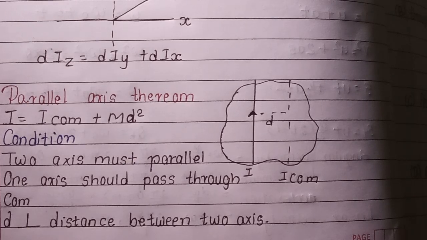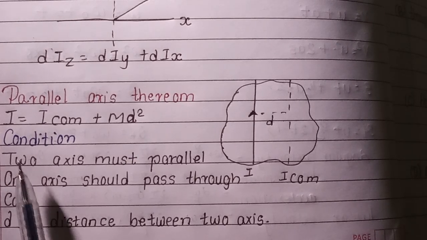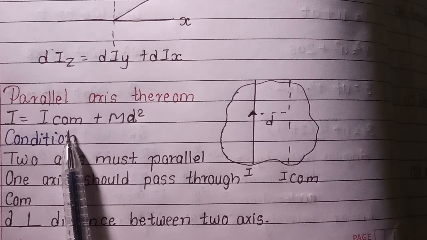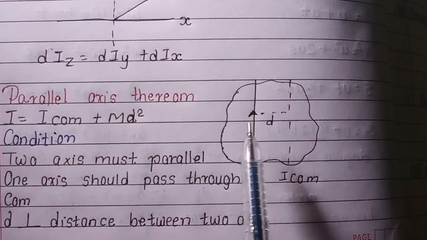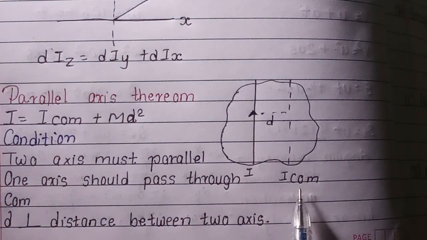And the parallel axis theorem. In the parallel axis theorem, I is equal to ICOM plus m d square. COM refers to the center of mass. We already learned about the center of mass in the part 1 video of rotational dynamics.